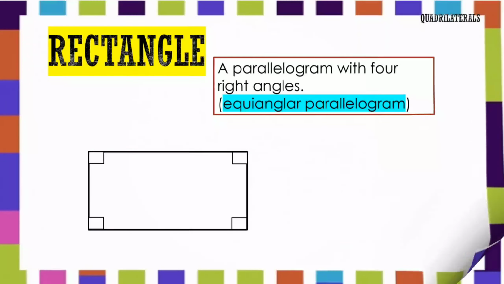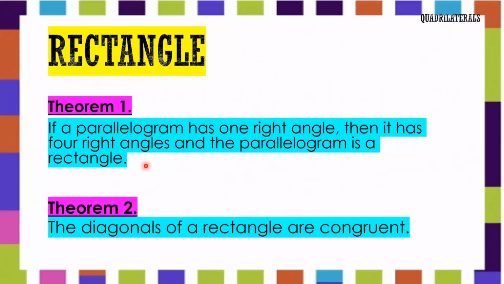Okay? So, for the rectangle, we have two theorems. So, theorem number 1 states that if a parallelogram has one right angle, then it has 4 right angles and the parallelogram is a rectangle. So, theorem number 2 states that the diagonals of a rectangle are congruent.